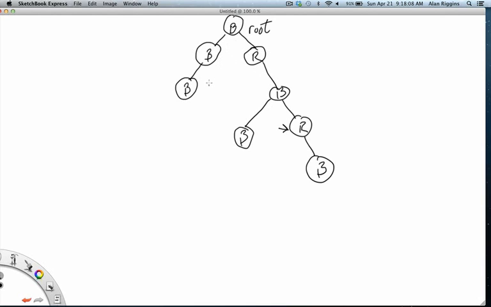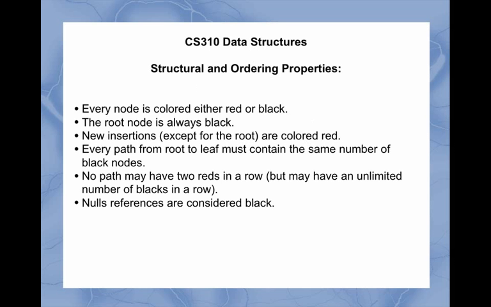So we have 3 here, 1, 2, 3 here, down this path. And finally, down this path, we have 3 blacks. So these are the rules that govern the structure and order of a red-black tree.